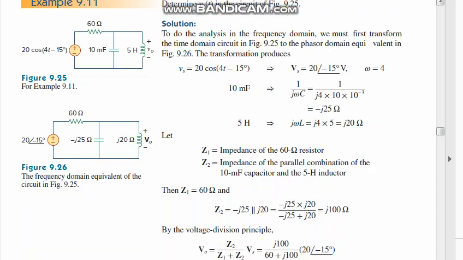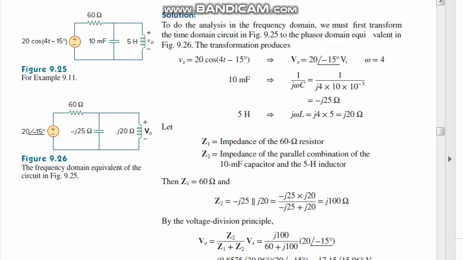How will the voltage division principle be used here? First of all, see that this is a series circuit. So if it is a series circuit, when you have to find this voltage, just multiply the source voltage by the corresponding impedance divided by the total impedance.